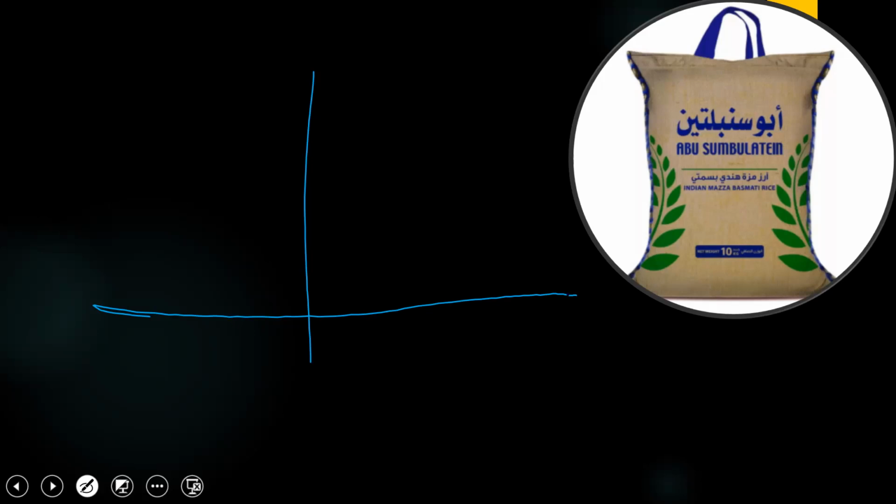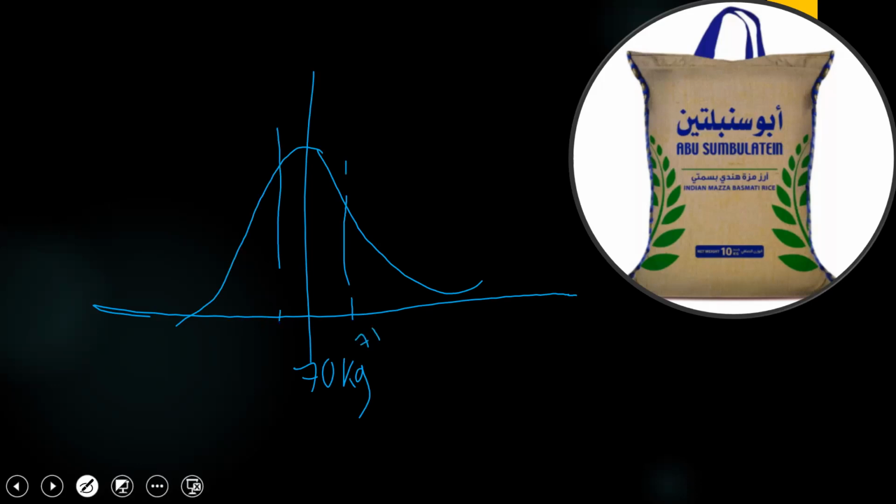When I measure my weight, I found that my weight is 70 kilogram, or the mean of my weight is 70. Then I will say, okay, sometimes I can be 71 and sometimes I can be 69.